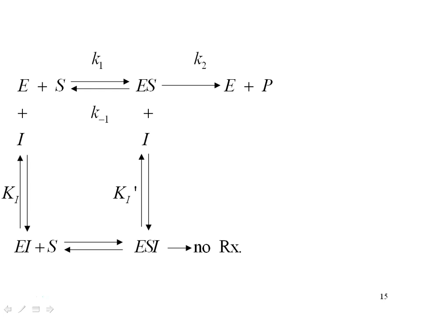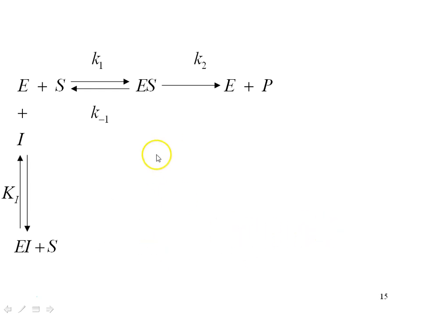Since the inhibitor and the substrate compete for the same site on the enzyme, you cannot have an enzyme-substrate-inhibitor complex at all. They cannot both bind. It's either the substrate or the inhibitor. Therefore, that part is irrelevant in this type of inhibition, and you are only dominated by this part of the kinetic model.